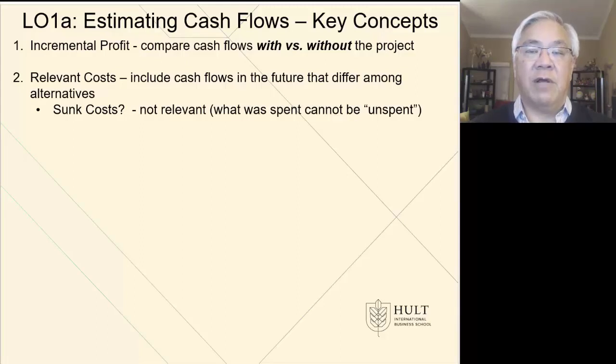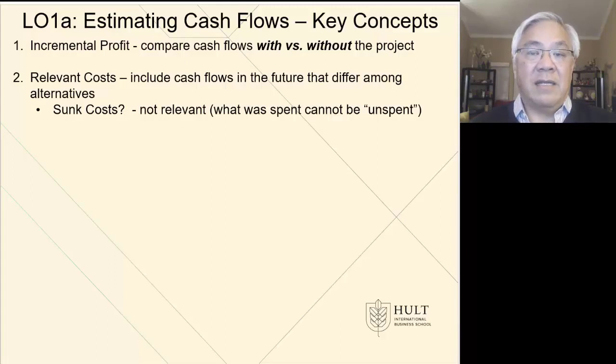So then we look at relevant costs. We're going to look at those costs that are cash flows that are in the future that differ among alternatives. So remember the words future and differ. Let's look at how to apply those against some common scenarios. First is sunk costs. Sunk costs are expressly not relevant because they happened in the past.